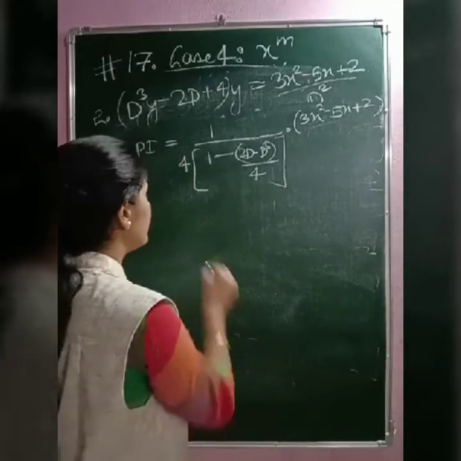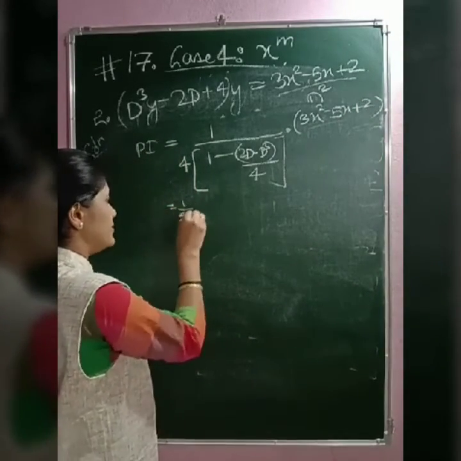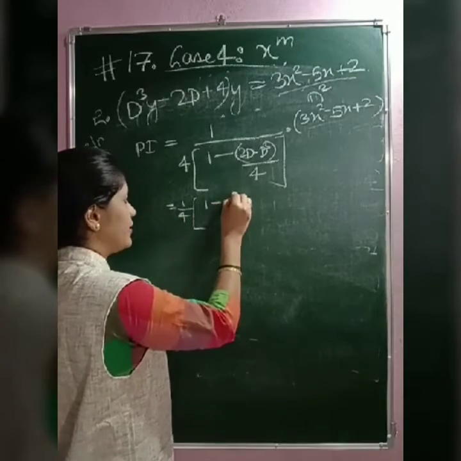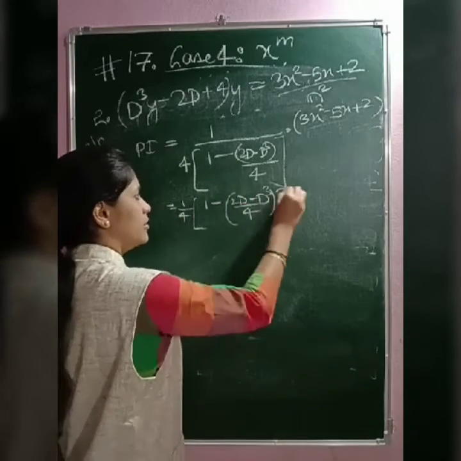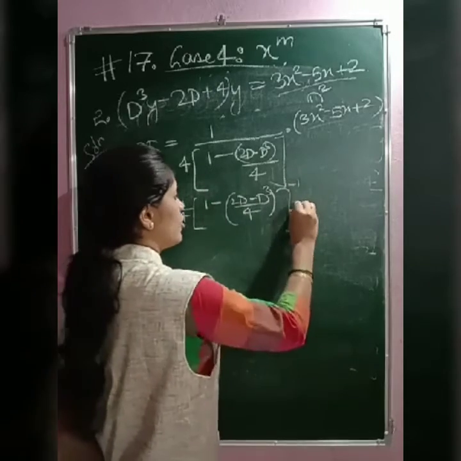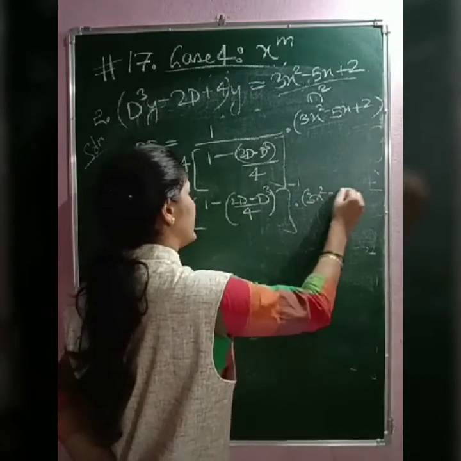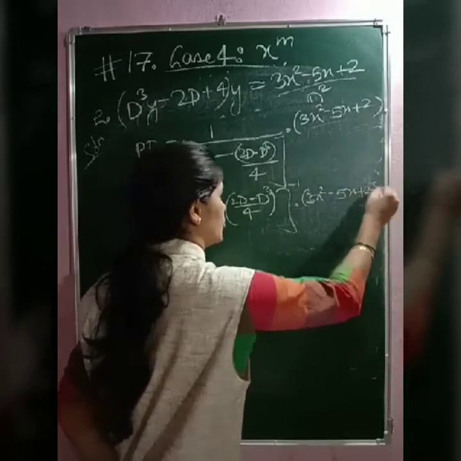So this is nothing but 1 by 4 as it is, 1 minus x, the whole inverse of 3x square minus 5x plus 2.